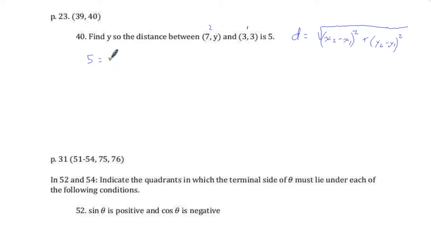That equals the square root of, first the x's, 7 minus 3 squared plus y minus 3 squared. And this is to sort of show you I want that y term first and I want it to be positive. It's not a requirement, it just makes things a little easier for you. Now, 7 minus 3 is 4 squared.